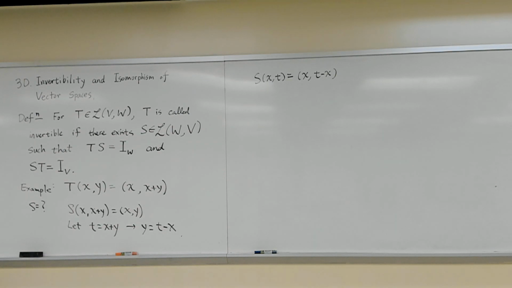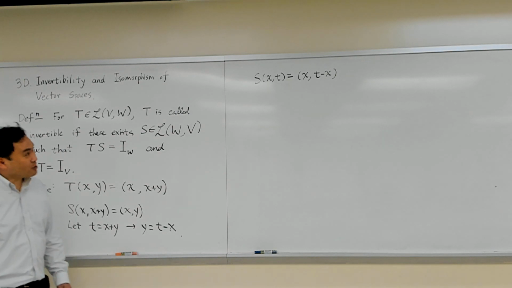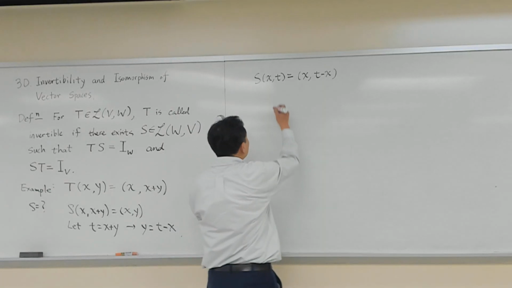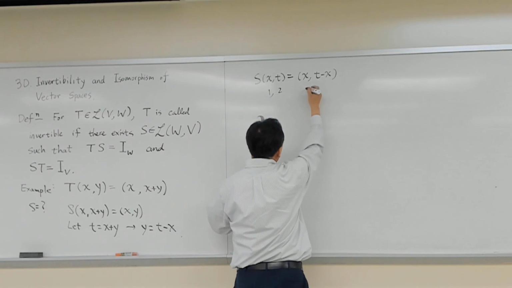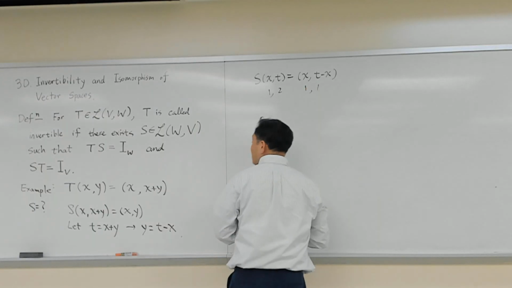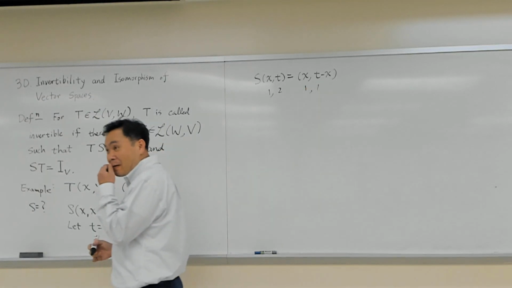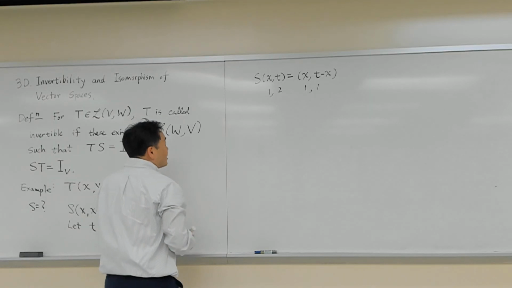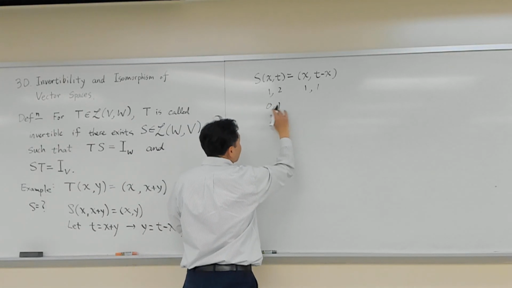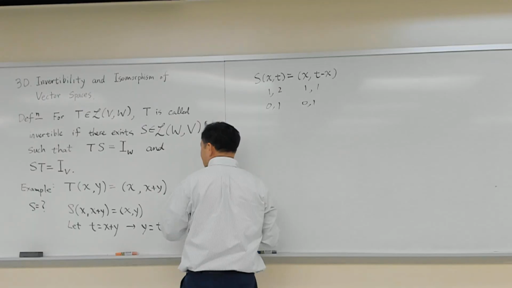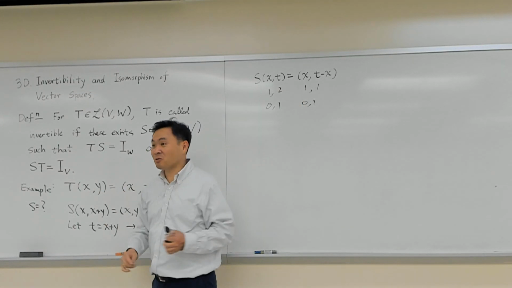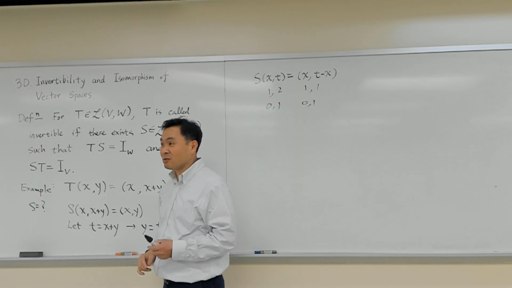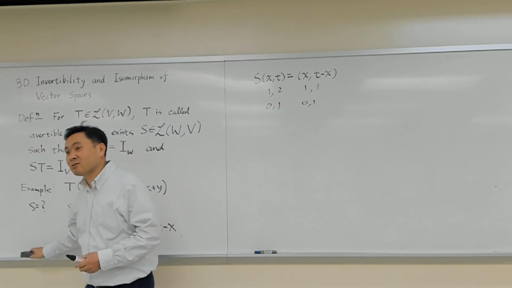Okay? So let's see if that does what we thought it would do. What happens if I plug in (1, 2)? It takes (2, 1), (1, 1). Oh, that's good, right? How about (0, 1)? (0, 1) is sent to (0, 1). So it looks like whatever this did, applying S will undo it. Do you agree?